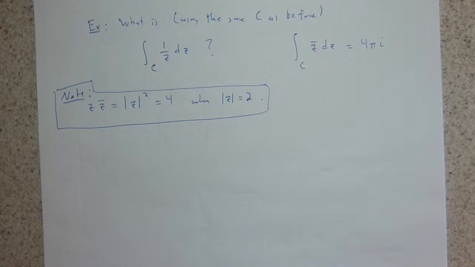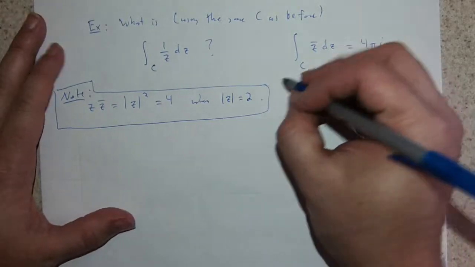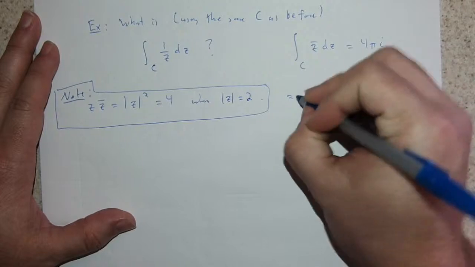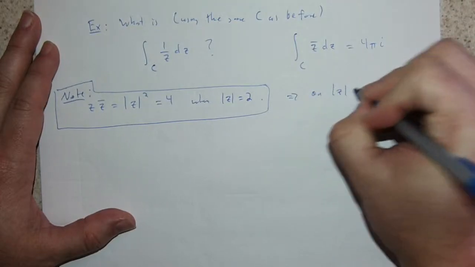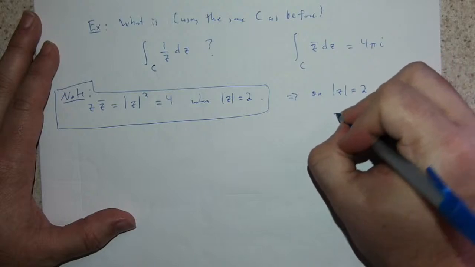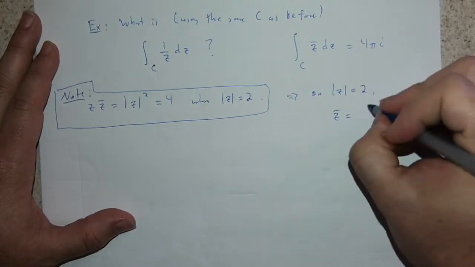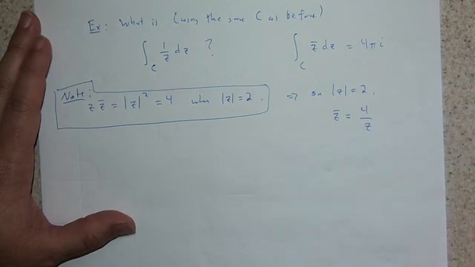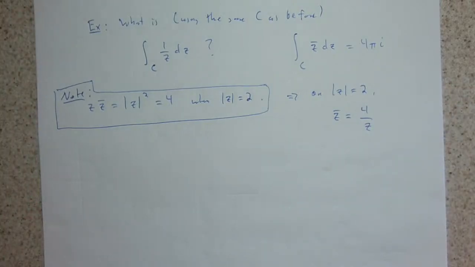Okay. And what does this mean? It means that on the circle, modulus of Z is equal to 2, we have that Z bar is the same as 4 over Z. Okay.